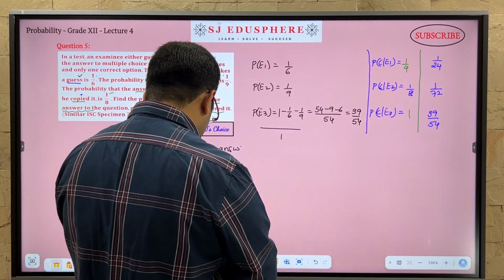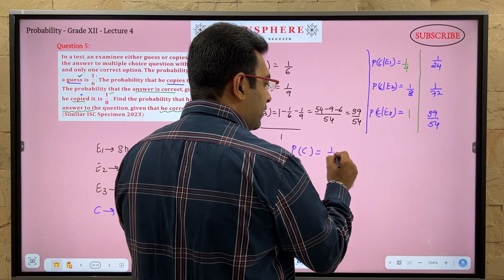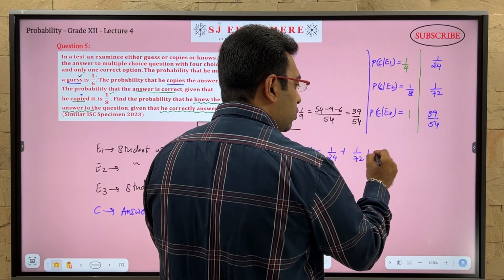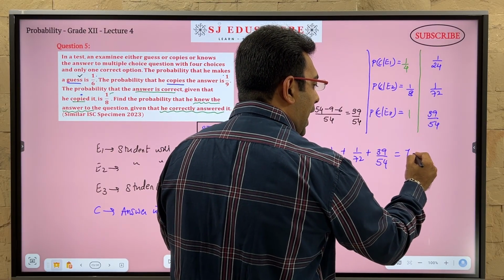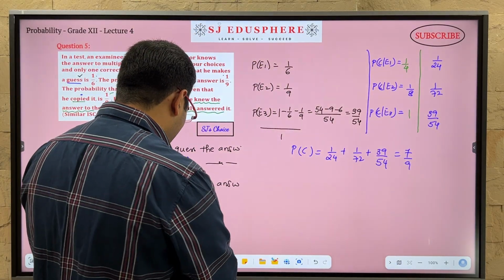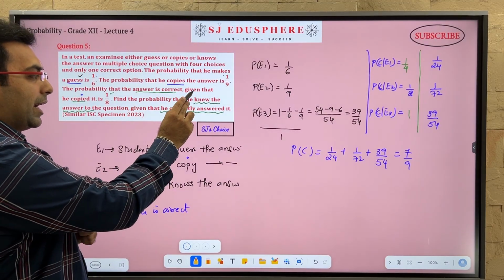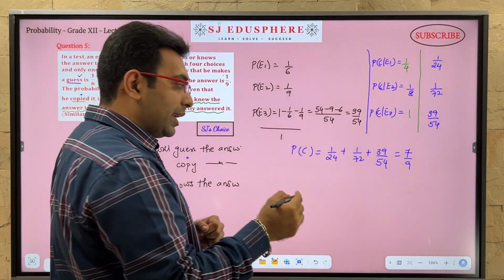Okay, so probability of the correct answer is when you add all these values. So probability of C correct answer, 1 by 24 plus 1 by 72 plus 39 by 54 will add up to 7 by 9. Next, my question says find the probability that the student knew the answer given that he answered it correctly.